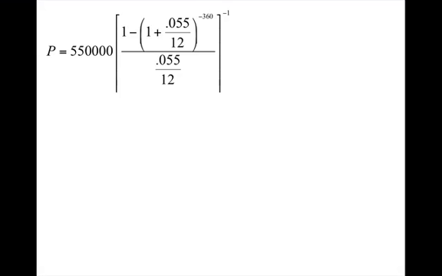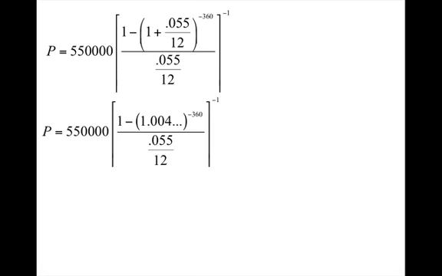So if we look at this on paper, when we said the 1 plus 0.055 divided by 12, we got 1.004, and that decimal continued on. And as I mentioned, since that decimal did not terminate, I can't change this fraction to a decimal. I'm going to have to divide by that fraction.